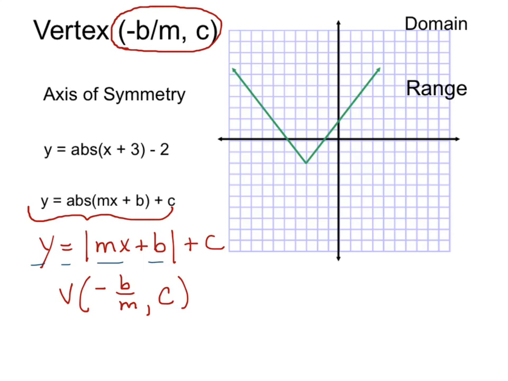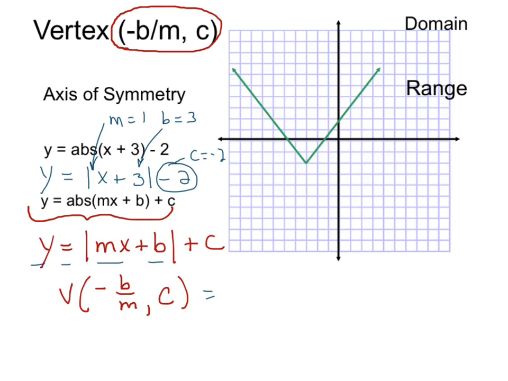And so if we look at the problem that is presented or graphed right here, we can see it has an m value of 1, a b value of 3, and a c value of -2. And so when we look for its vertex, we go the opposite of b, which is 3, over m, which is 1, and then our comma.